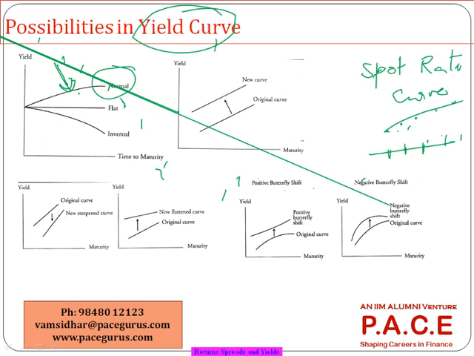Whereas in some cases, we can see a flat curve, which means even if you deposit for 2 years, 3 years, 4 years, which nowadays with some of the deposits we are seeing, 1 year FD to 5 year FD, almost all of them are giving a similar kind of return. So at that level, the yield curve is completely flat.